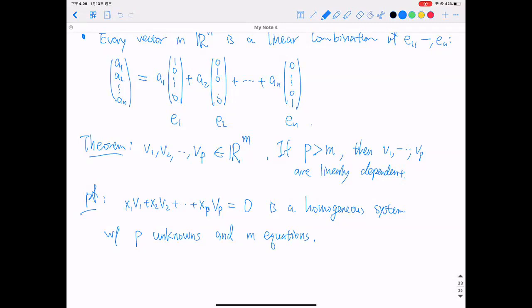So since p, the number of unknowns, is more than the number of equations, there are infinitely many solutions.